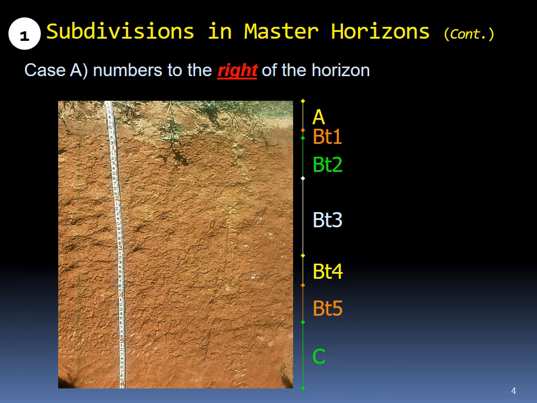If you go back to the table which we have taken last lecture, t means clay accumulation. However, although this B horizon has clay accumulation, there are some layers within this master horizon, and they are basically five layers. That's why we indicate them with numbers to the right of the soil horizons.